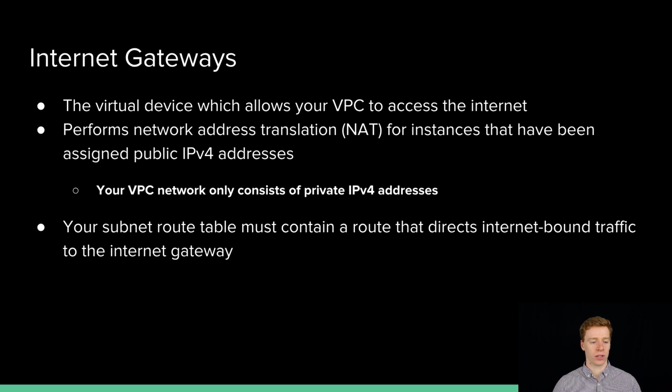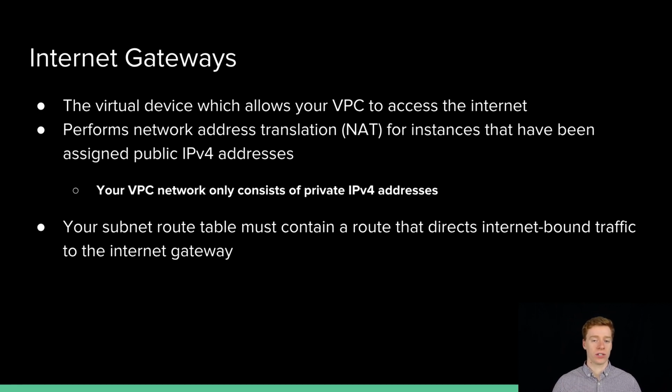For example, if you have a host in a public subnet, that host actually only has private IP addresses. In the console and in the metadata, it might say, oh yes, I have this public IP address. But how that actually happens is via the internet gateway, which hosts that public IP address on the web, and it will provide the NAT translation into the private IP address of that EC2 instance.